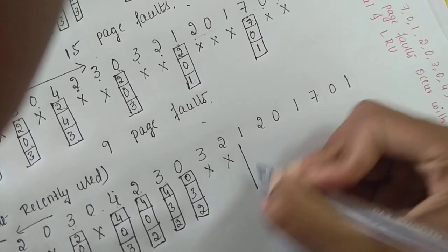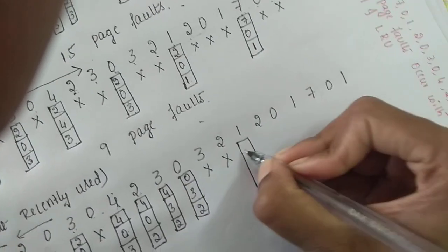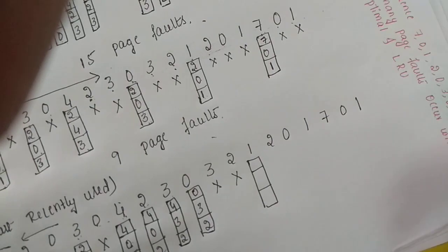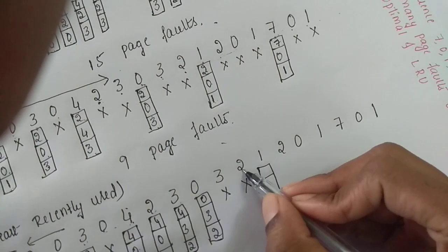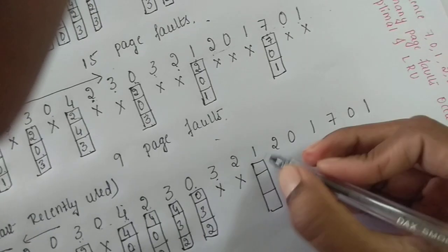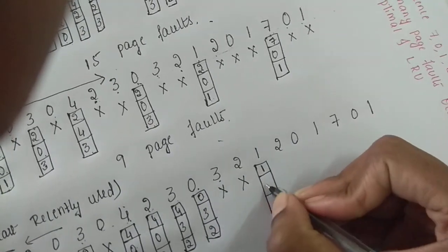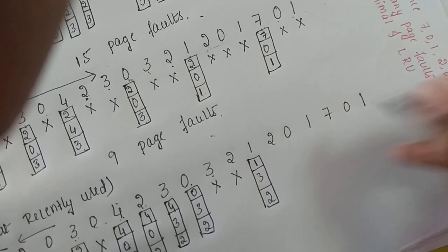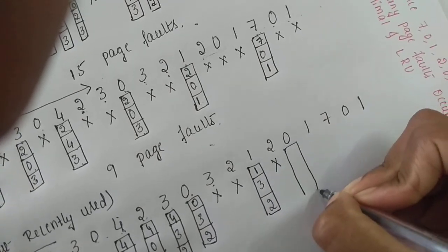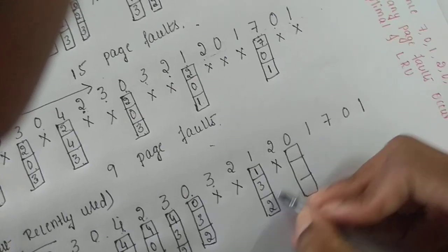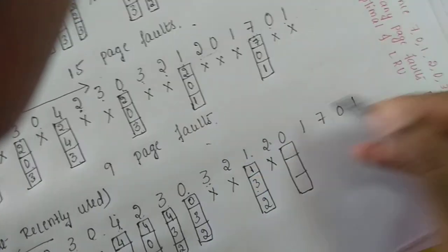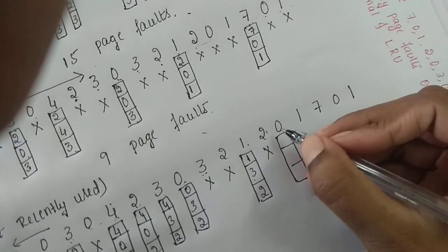Coming to 1, consider the location. 2 is here itself, 3 is here and 0 is in the last place, so I'm going to replace 0. 3 and 2, and 2 we don't require, 0 we want. So 2 is here itself, 1 is also here and 3 is in the last place, so I'm going to replace 3.